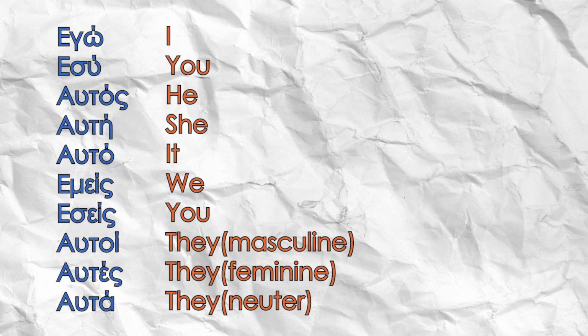The only exception to this is they, because we have a separate they for each gender. So, αυτοί, αυτές, αυτά means they masculine, they feminine, and they plural.